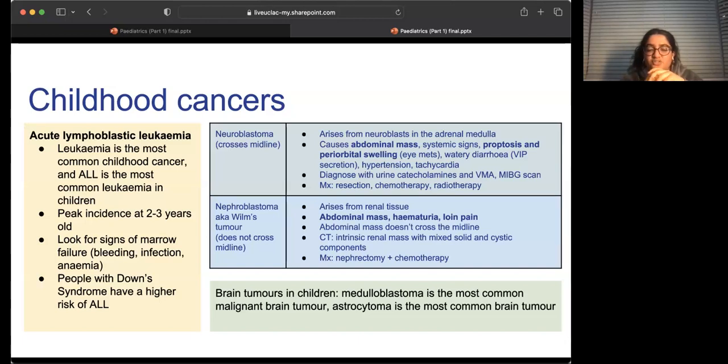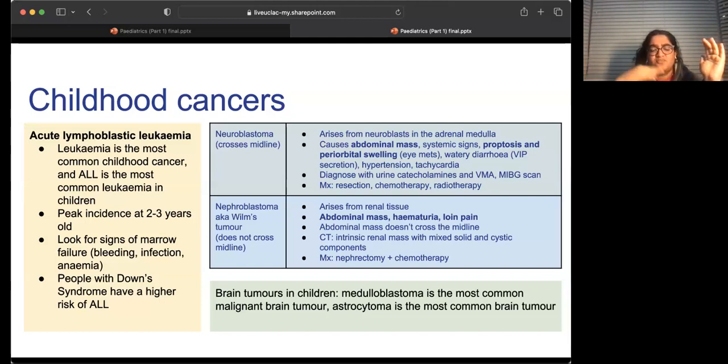And then brain tumors in children, well, brain tumors aren't really covered in our syllabus much. The only things I would say to remember are that medulloblastoma is the most common malignant brain tumor, but astrocytoma is the most common brain tumor overall, but not all of it is malignant necessarily.